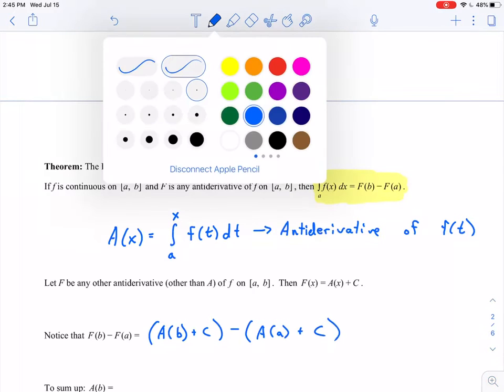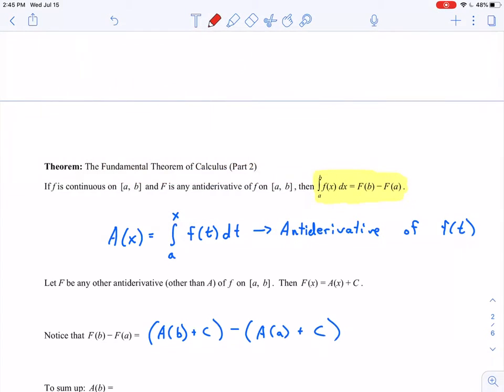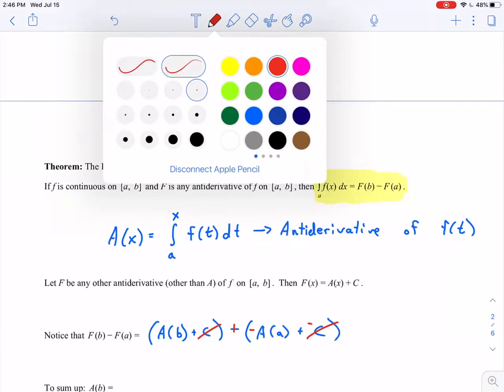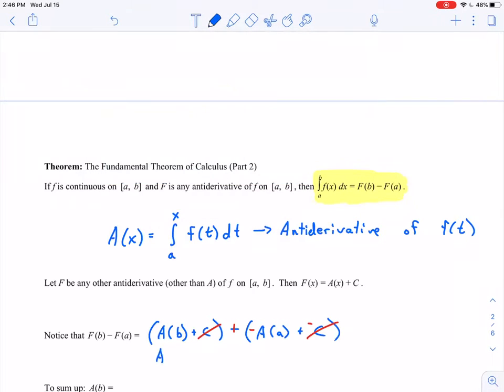A few things that we can say here. First of all, maybe we can distribute this negative sign. Well, c plus negative c, those two are going to cancel. So the constant that we added wasn't actually important. Didn't matter what it was. So I still have A of b minus A of little a.